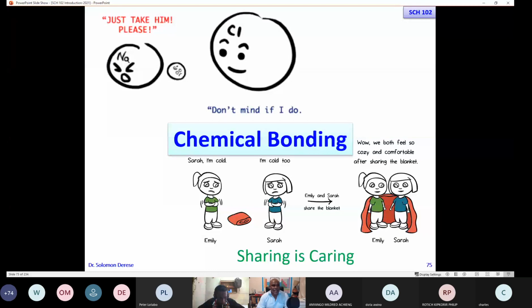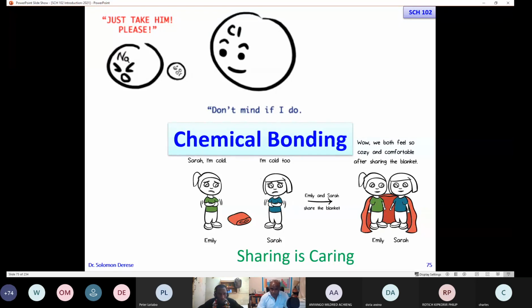You cannot react two hydrogen atoms with one another and get oxygen. That will not happen. What this is basically telling us is that during the formation of a chemical bond between two elements, the content of the nucleus, that means the protons and the neutrons, does not change.